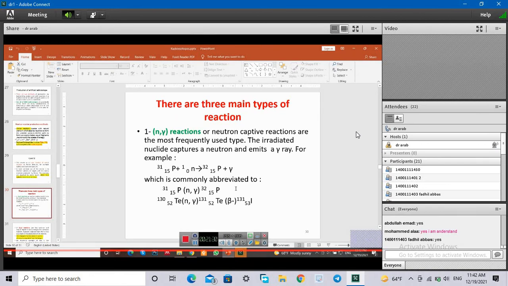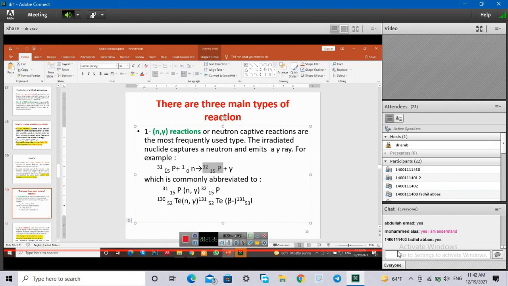As you can see, in this situation, when you compare the created radioactive daughter with the mother nucleus, you can find that the proton number of the mother is equal to that of the daughter. In this situation, we cannot easily separate the produced radioactive daughter from the mother, and the produced radioactive daughter is not chemically pure.